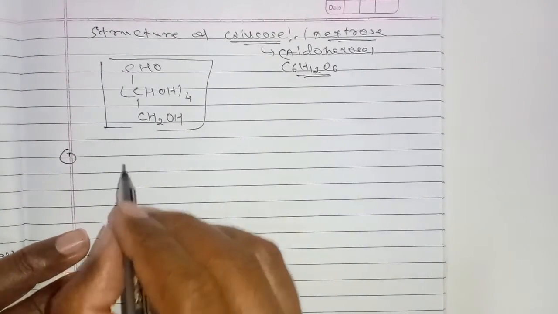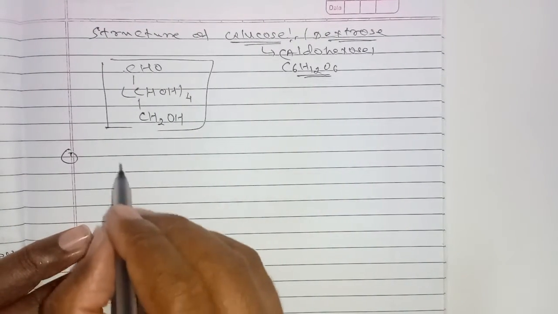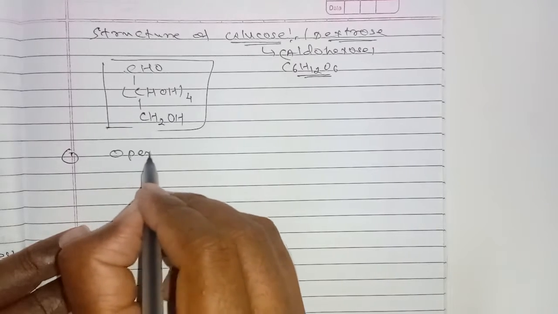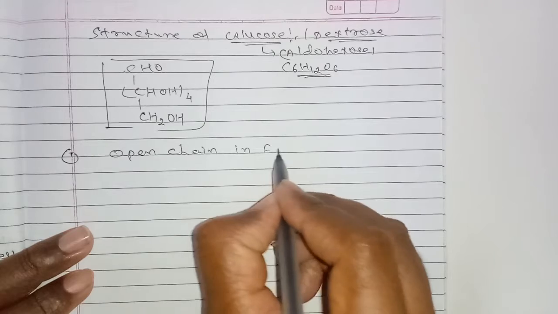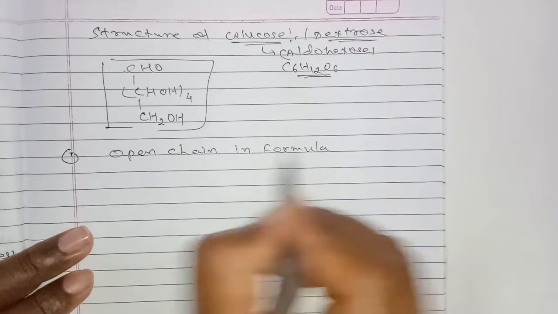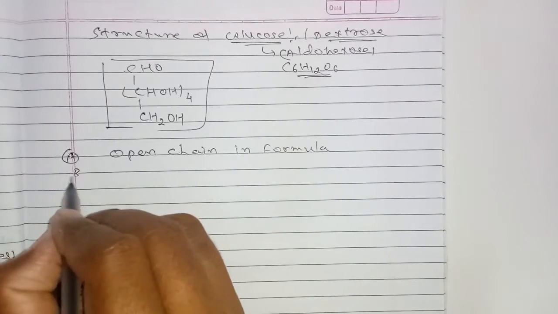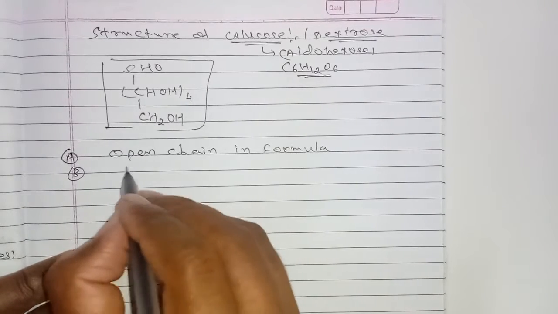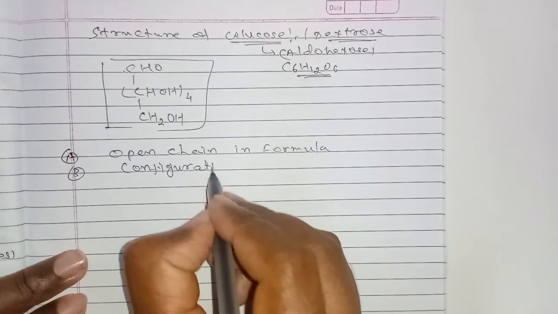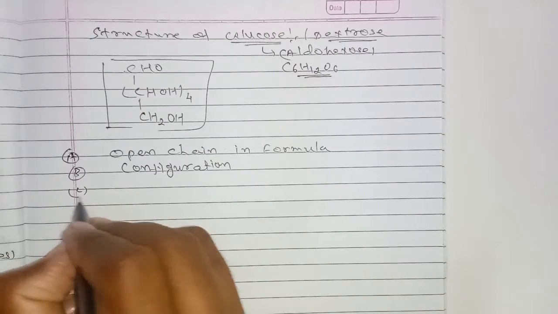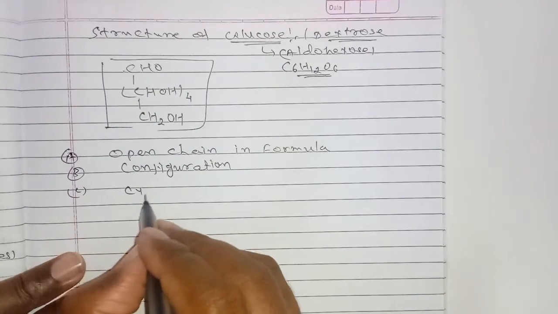Number 1 is open chain formula. A, its configuration. B, its cyclic structure.